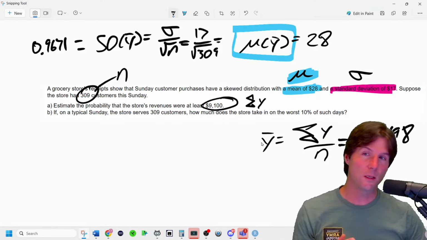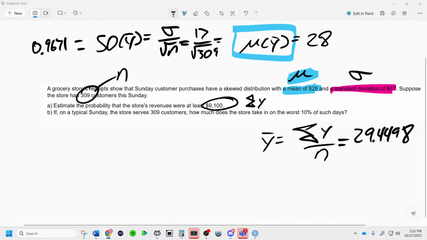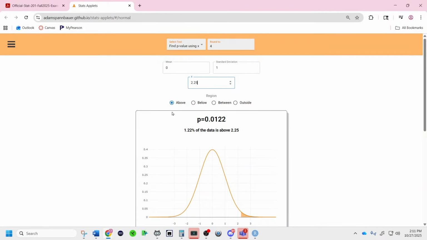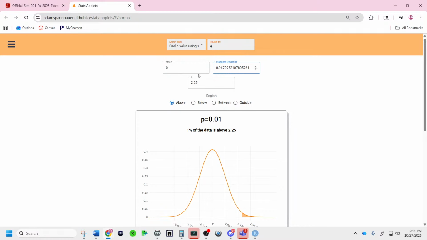So we have our standard deviation and we have our mean. So you know what you do now? You draw your distribution. Once again, you want to go to the applet to draw the distribution. We still have stored in here the standard deviation and the mean of 28.